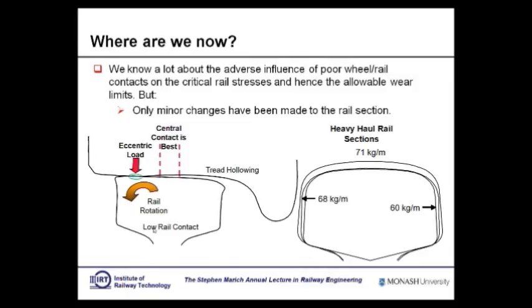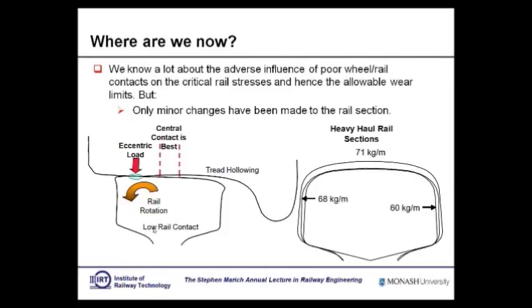Very limited work has been done to actually change the rail section. Now we have tall rails, very tall rails, with a big head. It's getting bigger, because the Americans like them bigger. We produce our rails big, with a big head.